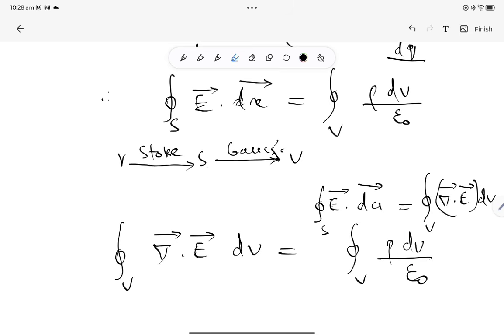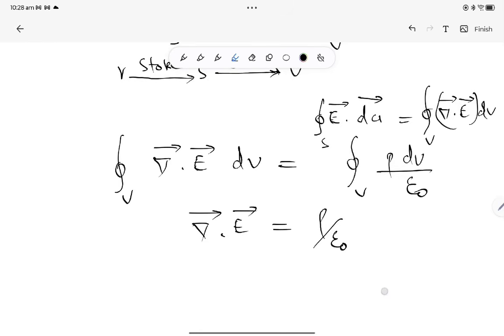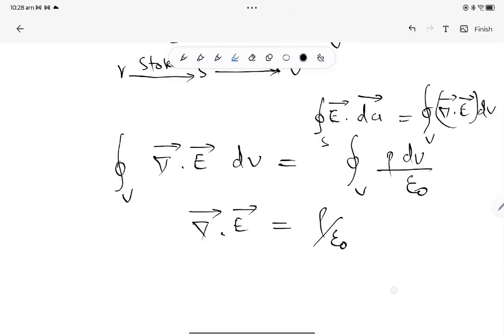We can cancel these integrals and dV's, and we will get del dot E is equal to rho by epsilon naught. Now, you can cancel these because this equation is true for all volumes.